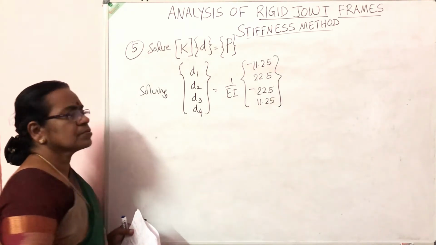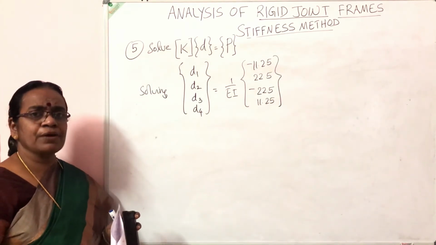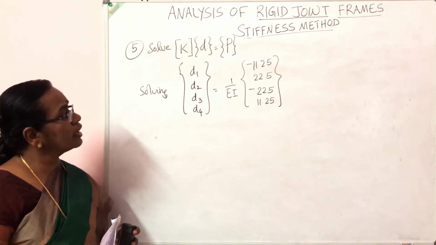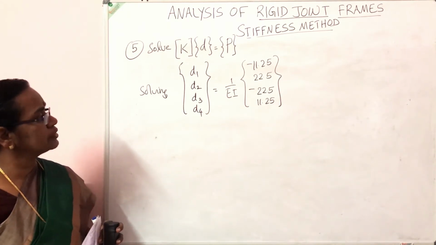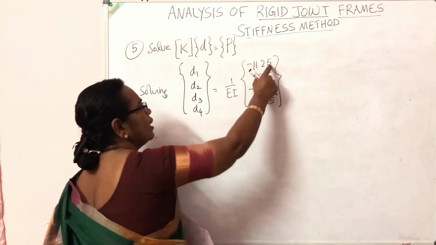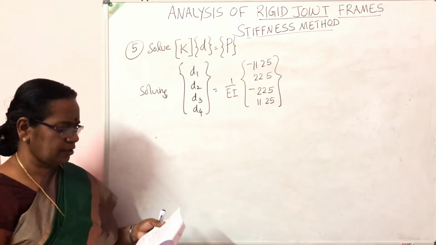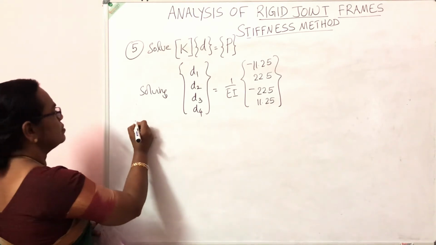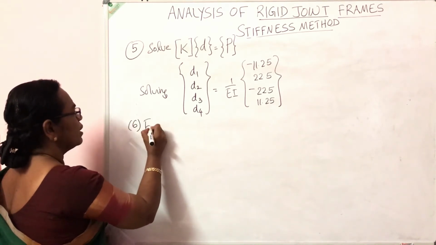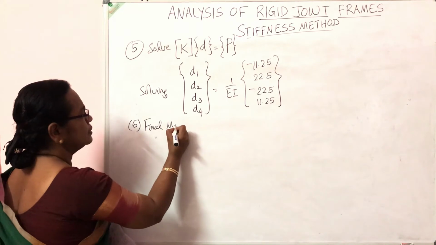So the solution of that 4x4 matrix gives you the answers of D1, D2, D3, D4. That means these are theta A, theta B, theta C and theta D in radians. Now the last step is final moments.